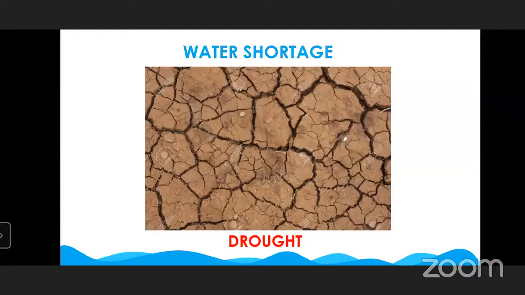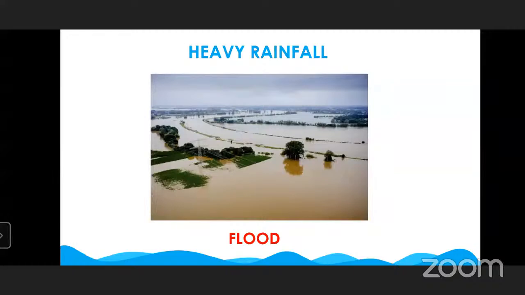At that time, crops do not get water in plenty, and it leads to lower agricultural production. In the same manner, if there is heavy rainfall and flood, too much water damages crops in the field. In some places, it rains too much, and that leads to flood.